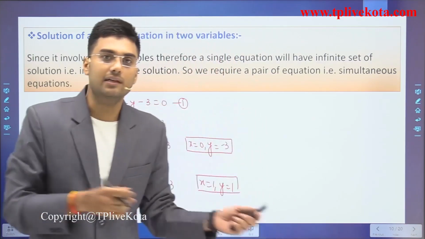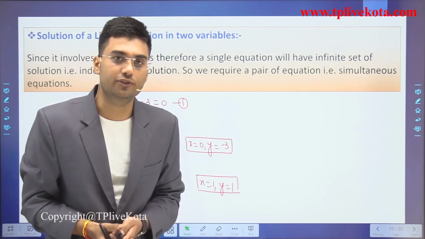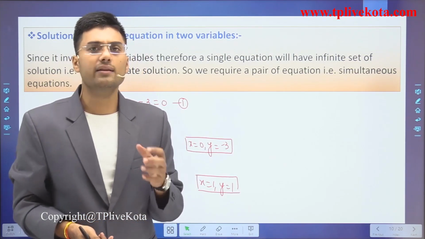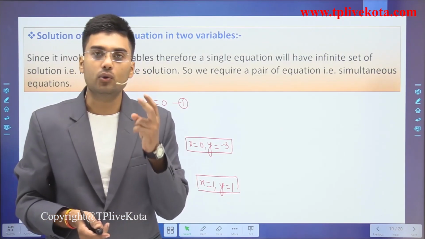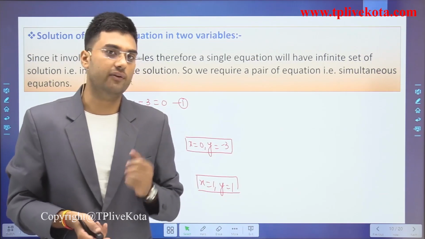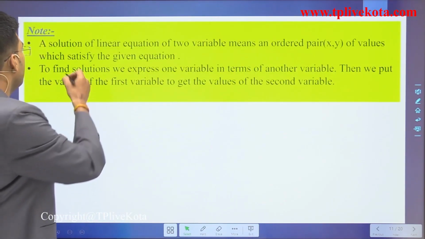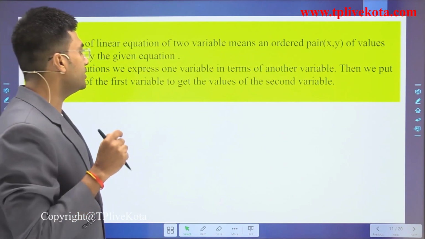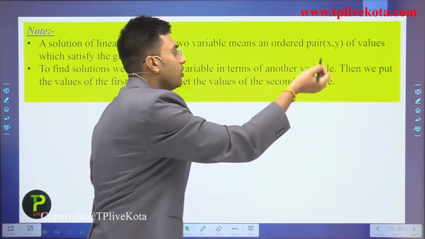So the linear equation in two variables has an infinite number of solutions. To find the unique or exact solution, we require a pair of linear equations, or simultaneously two equations. Clear?